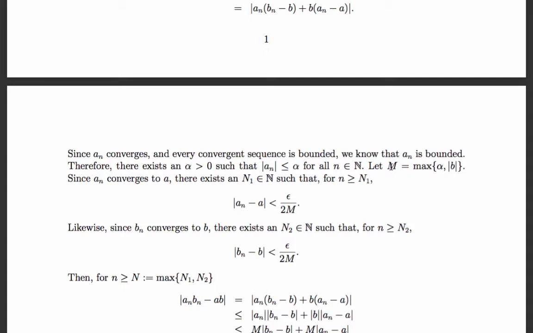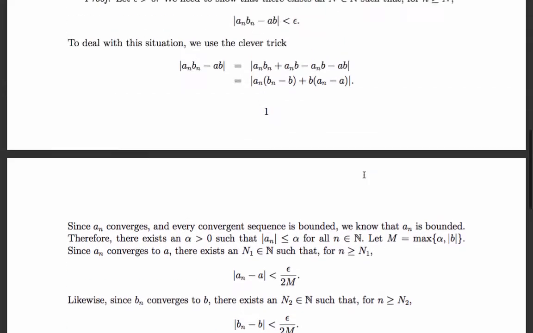How do I know it's a positive number? Well, M is greater than or equal to alpha, which is greater than or equal to the absolute value of an infinite number of numbers, which is greater than or equal to 0. And the absolute value of B is also greater than or equal to 0.